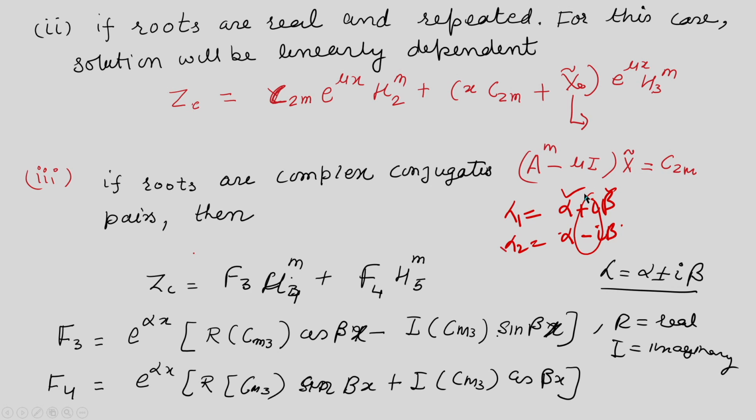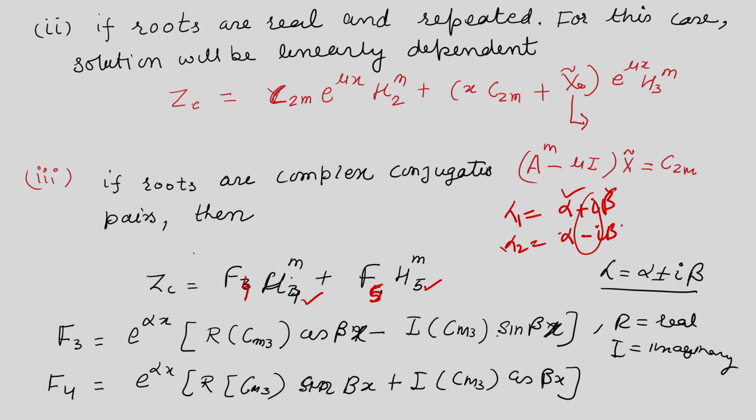So, if the roots are such, then we can write a solution ZC equal to F4 H4 and F5 H5, because up to 3 we have taken cases: first for real and distinct, second for real and same, and third is the complex conjugate.